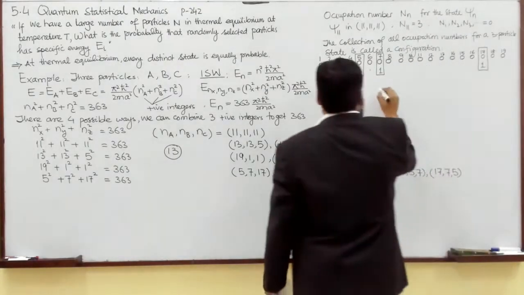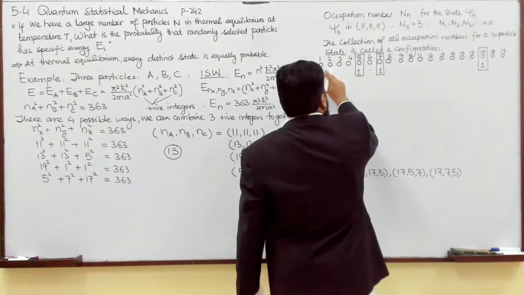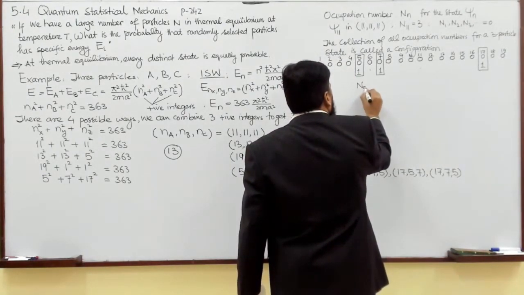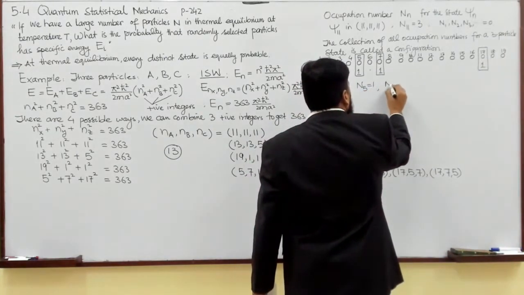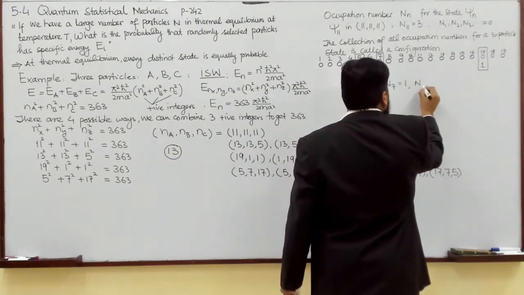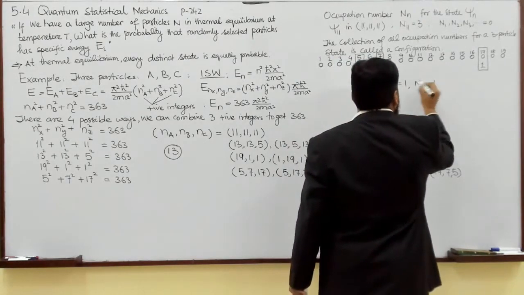So I say that N1, N2, N3 and N4 are 0, and N5 is 1, and N7 is 1, and N17 is 1.